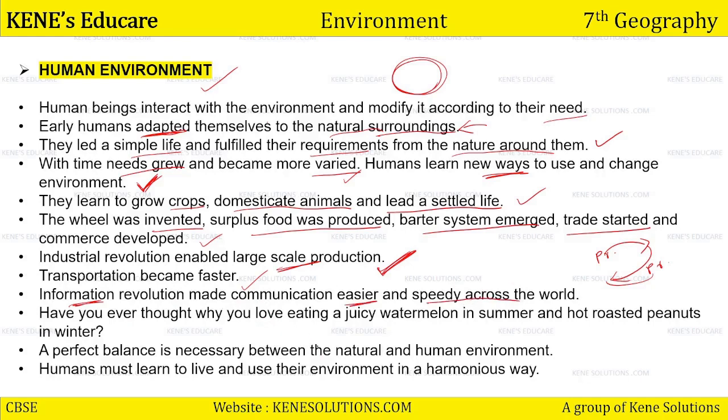Have you ever thought why you love eating a juicy watermelon in summer and hot roasted peanuts in winter? Because there is a perfect balance which is necessary between the natural and human environment. You need a balance. गर्मी लग रही है तो जूसी चीजें ठंडी चीजें खाएंगे, ठंड लग रही है तो कुछ हॉट रोस्टेड खाएंगे.